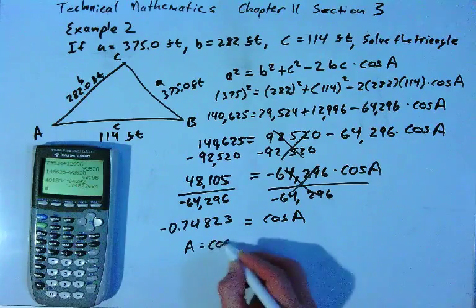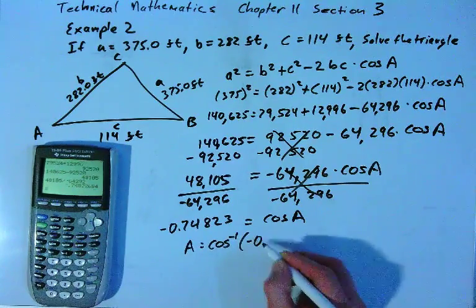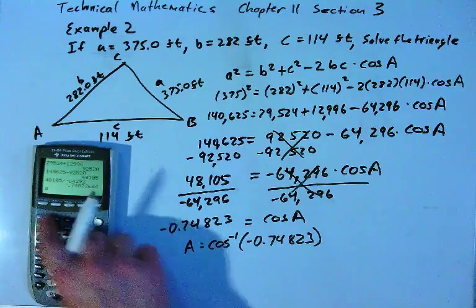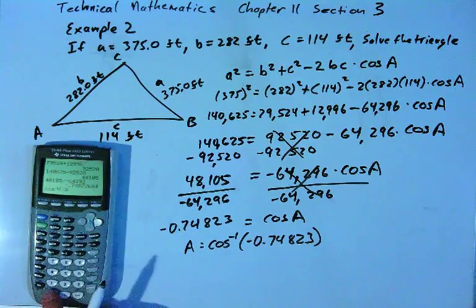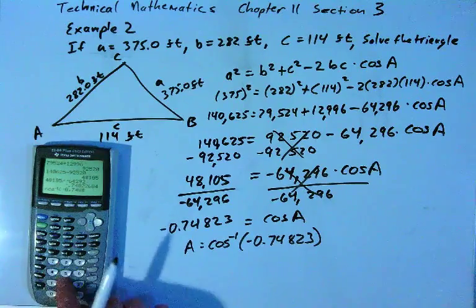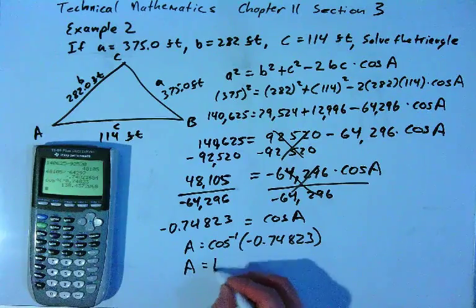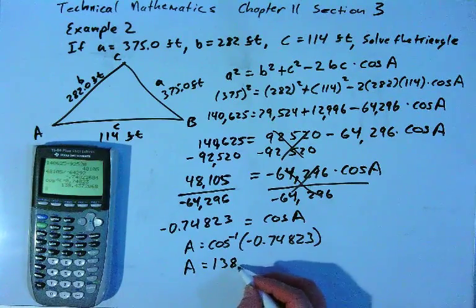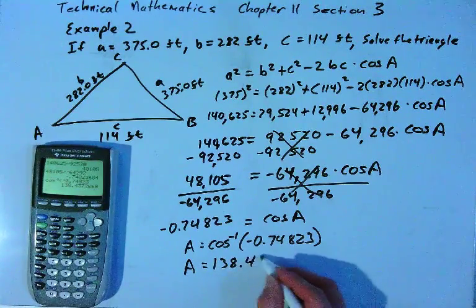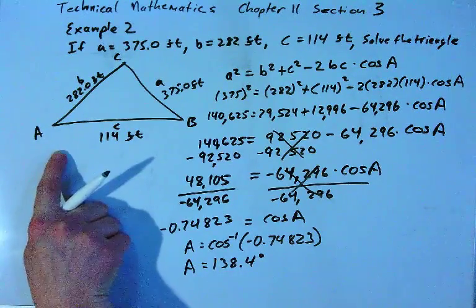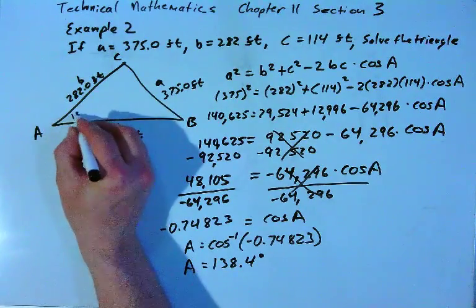So A will be the inverse cosine of negative 0.74823. And we get A is equal to 138.4 degrees. So now we know angle A.